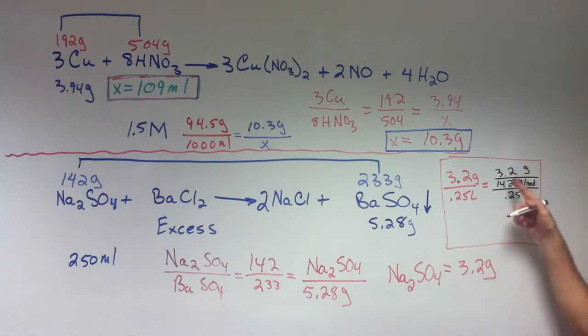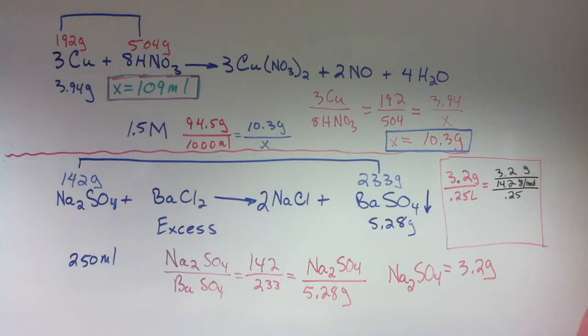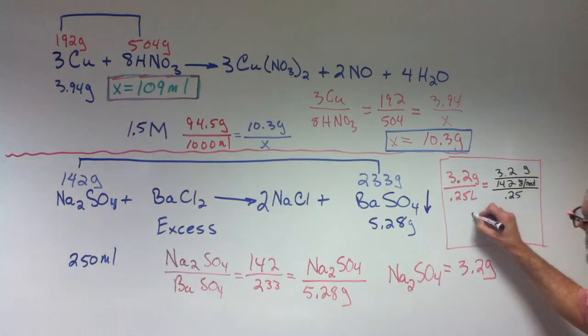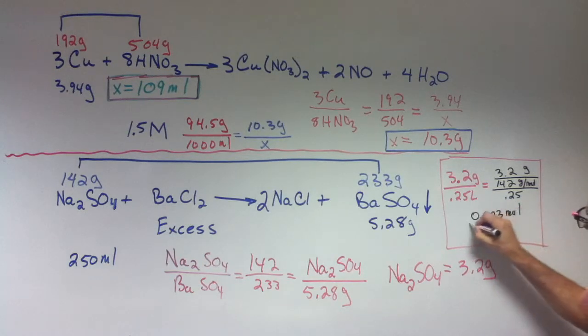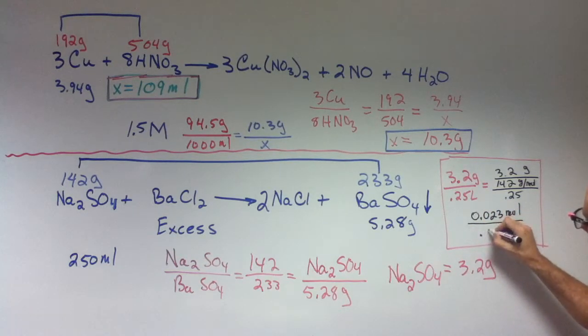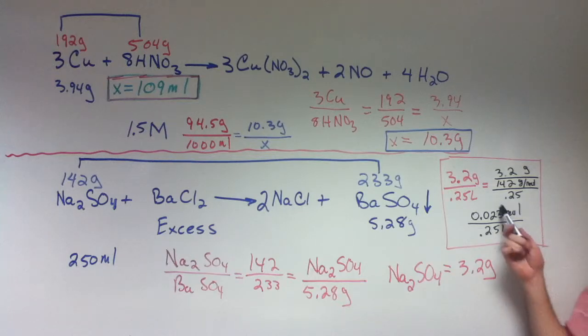All right, so what is 3.2 divided by 142? Give me a number. What is it? 0.023. Okay. So it's going to be 0.023 moles over 0.25 liters. Correct? Yes? So what is it?